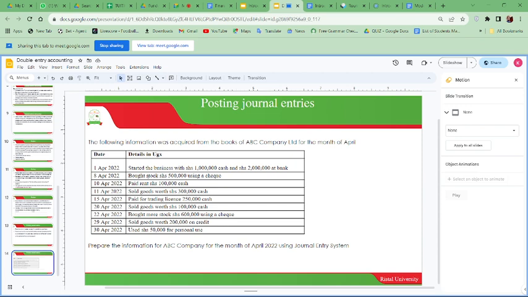Then the company bought stock using a cheque, paid rent, sold goods for cash, paid for a trading license by 50, and then sold more goods.